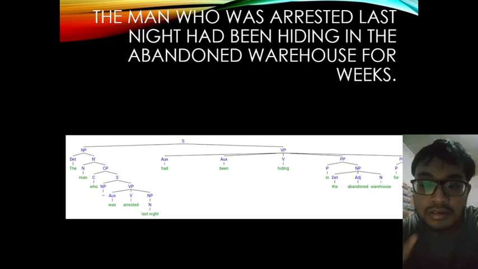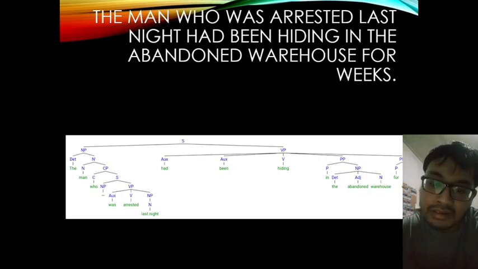Who introduces the clause and functions as the subject. Was arrested is a passive phrase, and last night is a temporal noun phrase acting as an adverb. The main verb phrase is had been hiding, in the past perfect progressive tense.